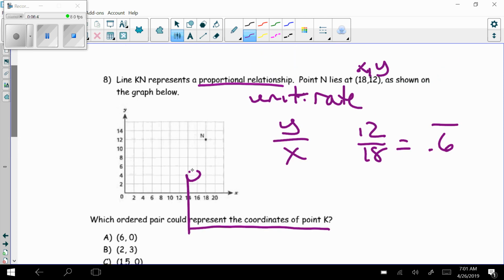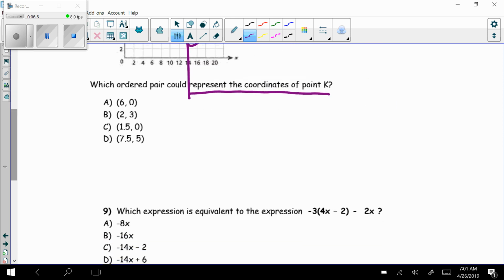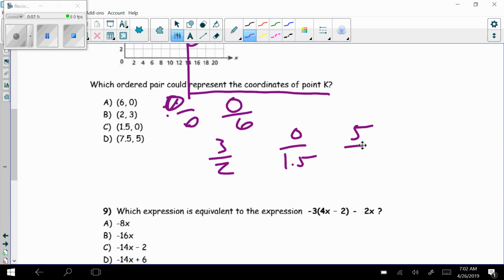So 0 over 6, and then you do 3 over 2, and then 0 over 1.5, and 5 over 7.5. So you find the one that matches.